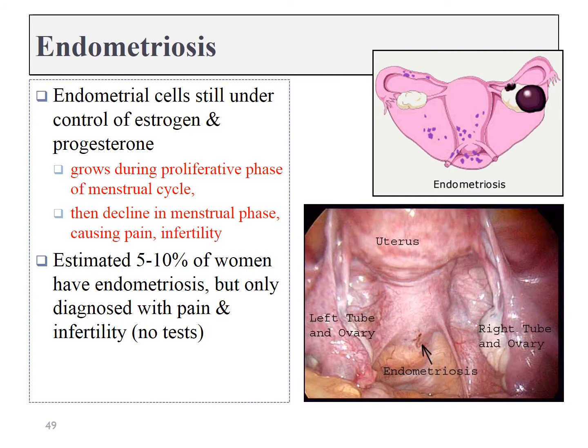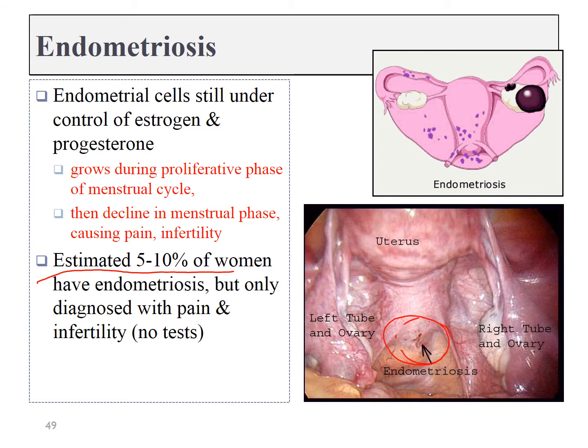There may be a significant number suffering silently and not telling their doctors about the amount of pain that they're experiencing, simply because they have no reference point for how painful it should be. It's been estimated that 5 to 10% of women suffer from endometriosis, but at the time that I'm recording this, we don't have any test for identifying endometrial cells outside of the endometrium.